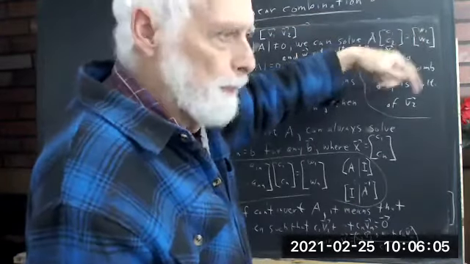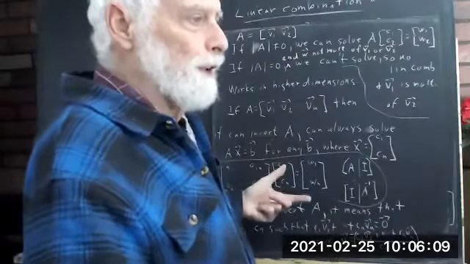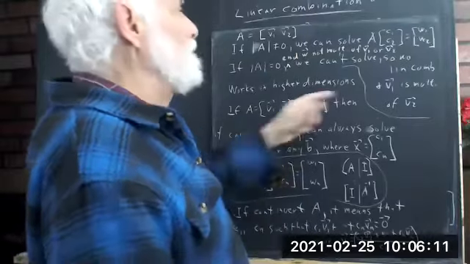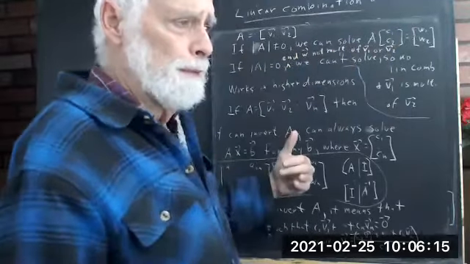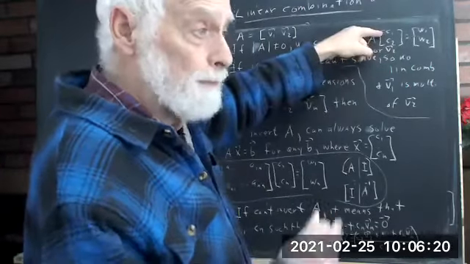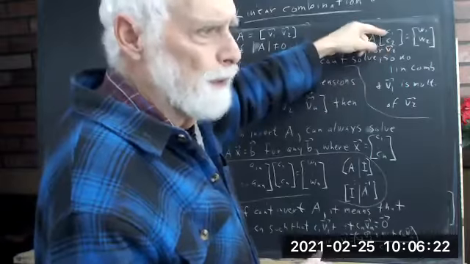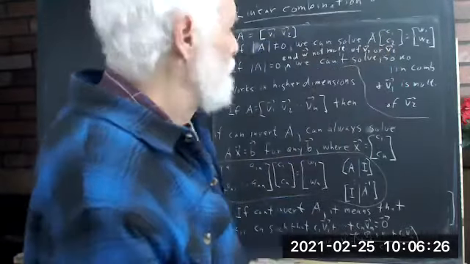If W1, W2 is a multiple of V1 or V2, then of course we can solve it. If the W vector is a multiple of the V1 vector, then I just let C1 equal whatever that multiple is, and C2 equals 0, and you have it.